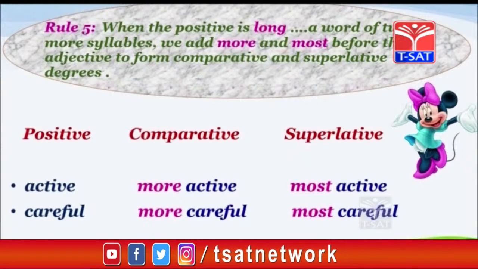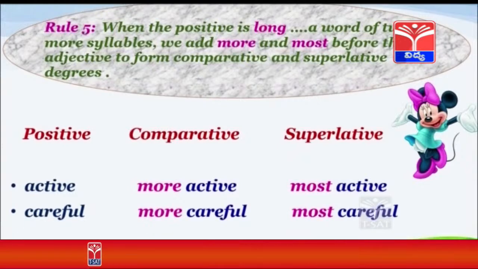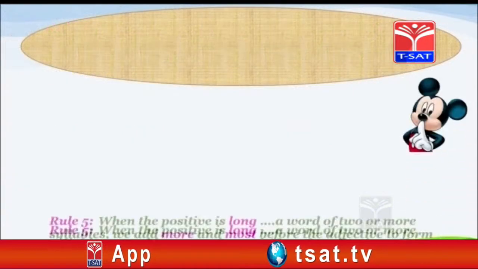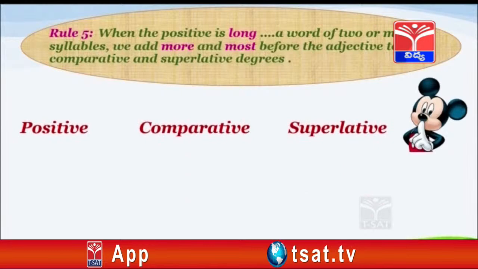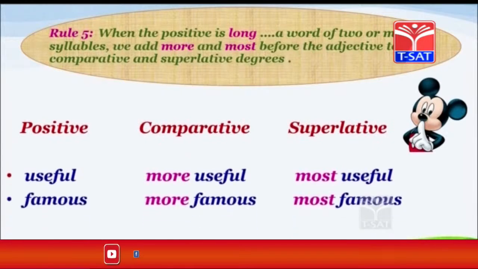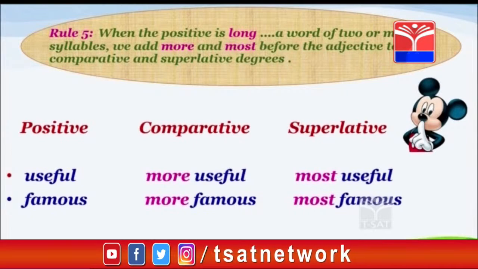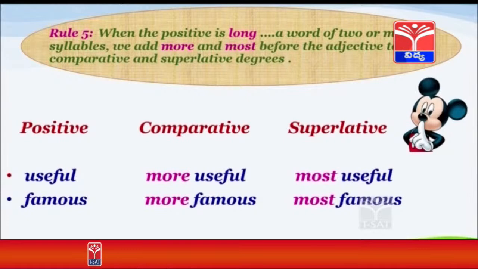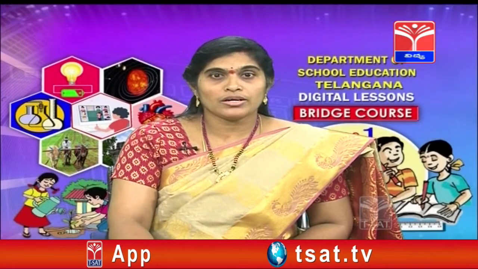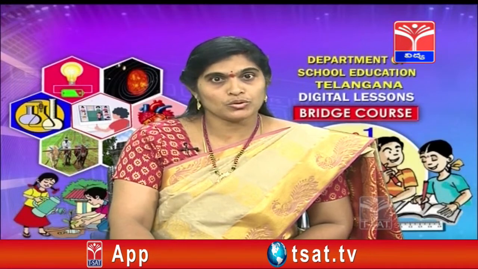In the same way, careful, more careful, most careful. We shall see some more examples now. Useful, more useful, famous, more famous, and most famous when it comes to the superlative degree. You have all understood what is rule number 5.